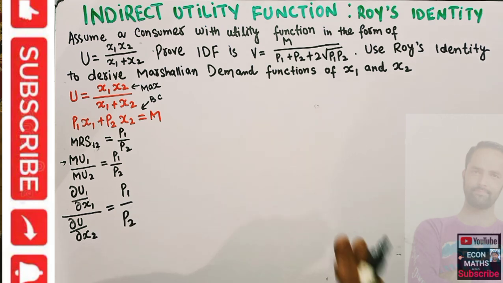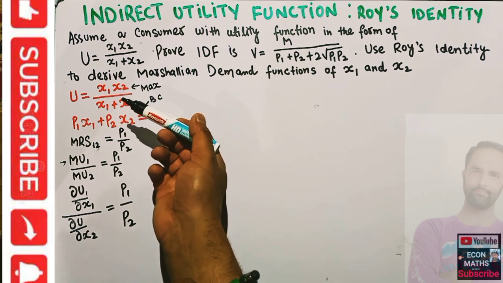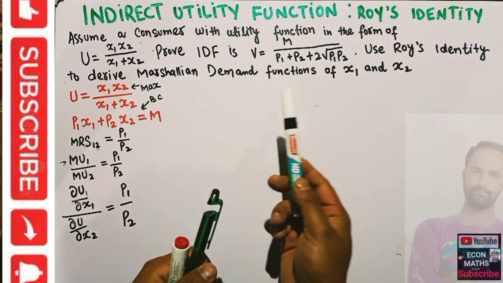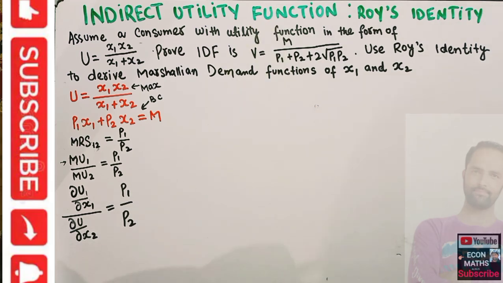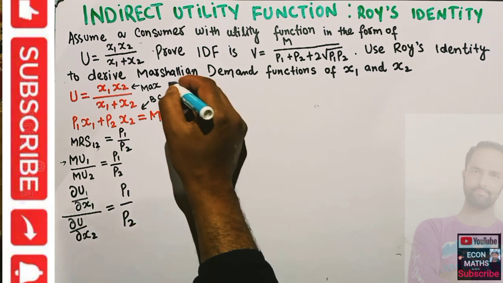So first we need to find the demand functions for good x1 and x2, and then we can find the indirect utility function. Now what is this du upon dx1?